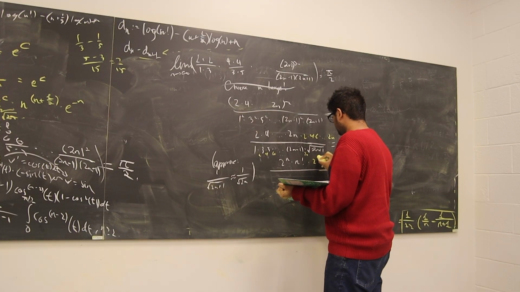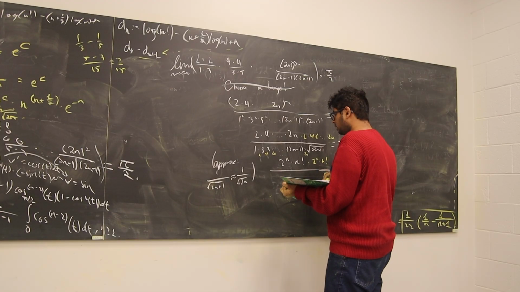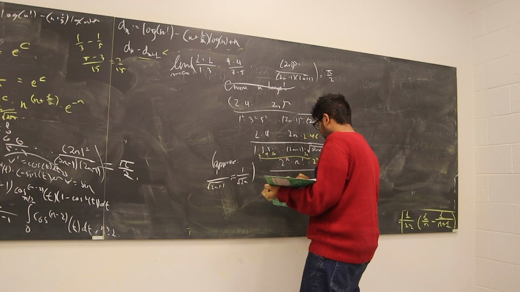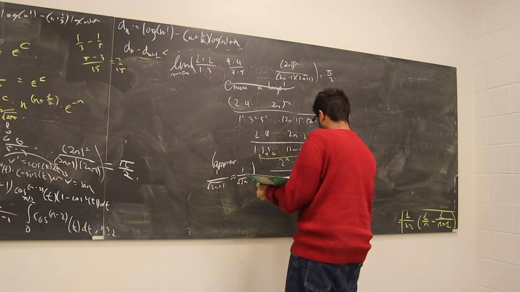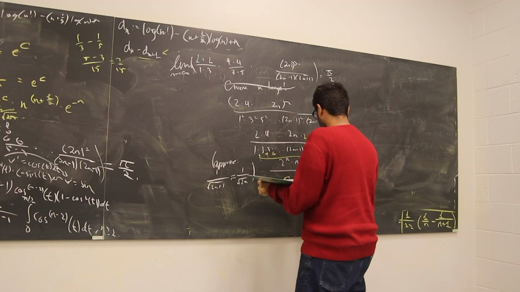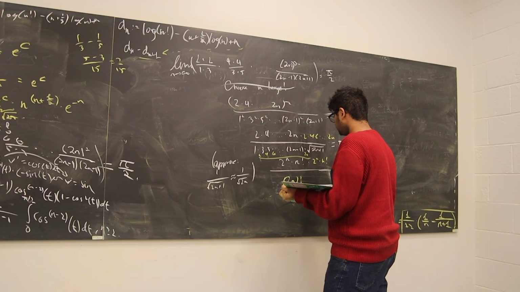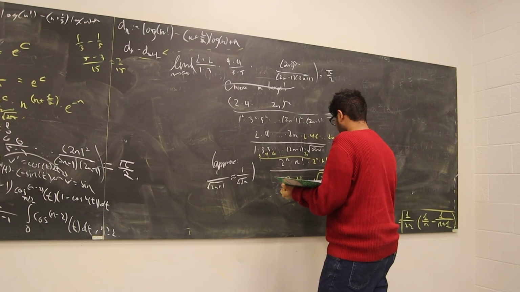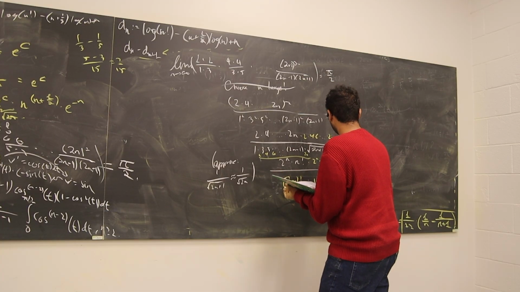So this is 2 to the n times n factorial over a full 2n factorial, times square root of 2n. Well, that's old news. Doesn't matter.